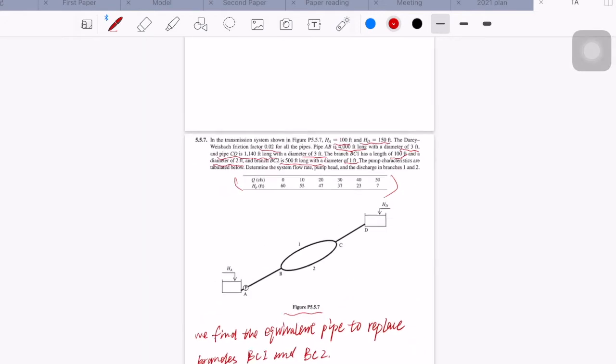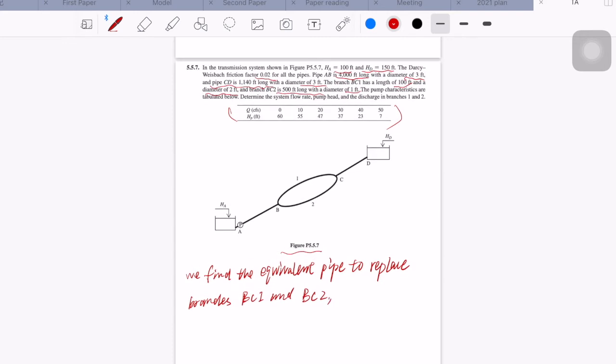And arbitrarily letting the DE equals 3 feet and FE equals 0.02.